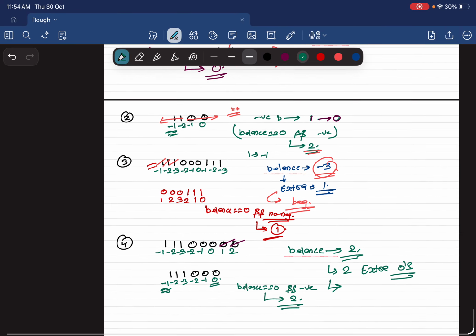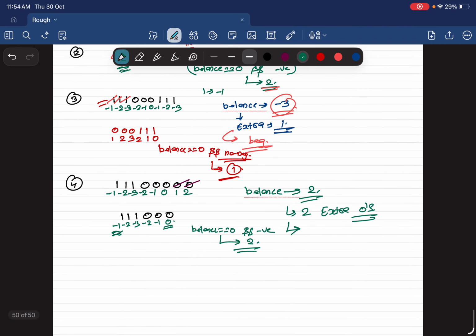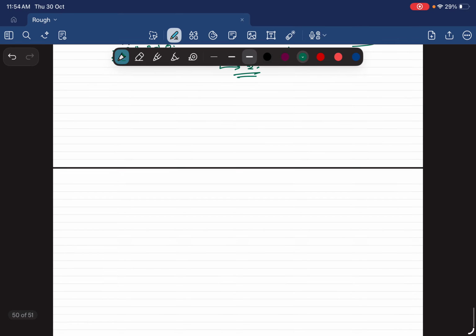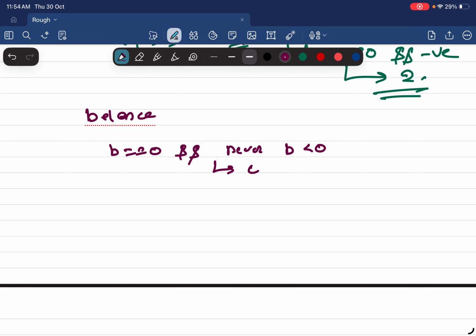Right? So this is the summary of the question: first you have to calculate balance. Let's discuss this summary within 30 seconds. You have to calculate balance. Now if your balance is 0 and balance never became less than 0, your answer will be 0, else your answer will be 2.